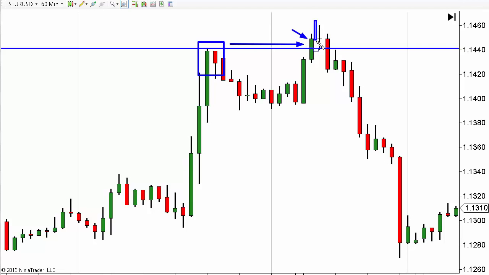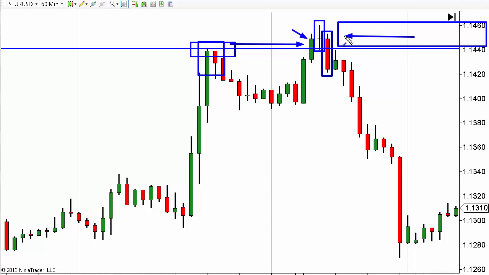Then we get a doji bar, which is a neutral bar, opens and closes right in the middle of the range of that bar. And the bar that follows that is a complete, again, to use market profile terms, rejection of these price levels up here. And we get a red bar that completely comes down, closes back down below that resistance level up here, and in essence rejects these higher prices.